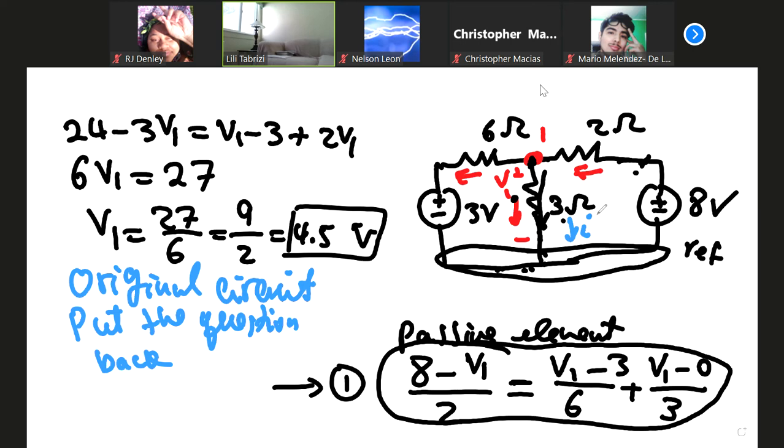If I go back to my original circuit, the question was I, for this case. How is I related to the nodal voltage? The question is I. Now I want to answer the problem. How is I related to V1? It's equal to what?